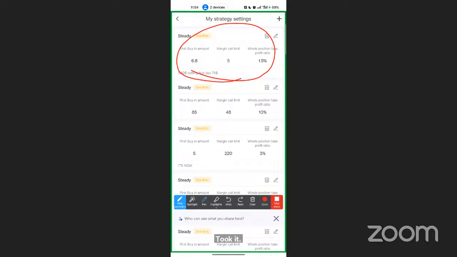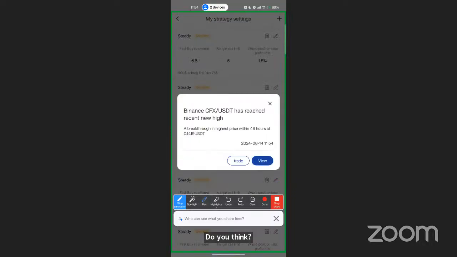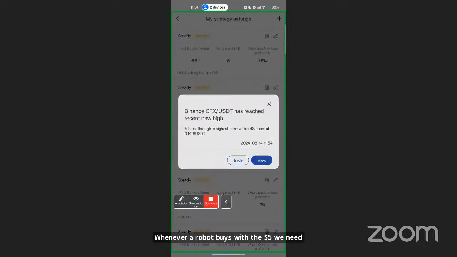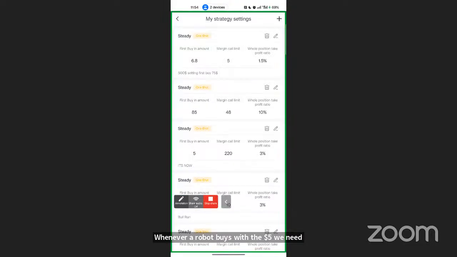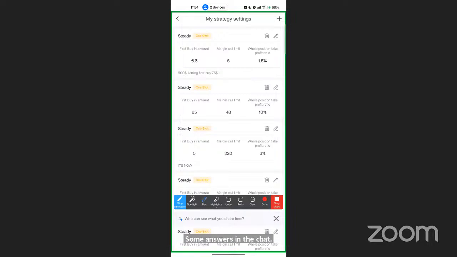But let me tell you, friends, if your first buying amount is very little, do you think whenever your robot buys with $5, we need to pull the average price significantly closer to the current price? Some answers in the chat.